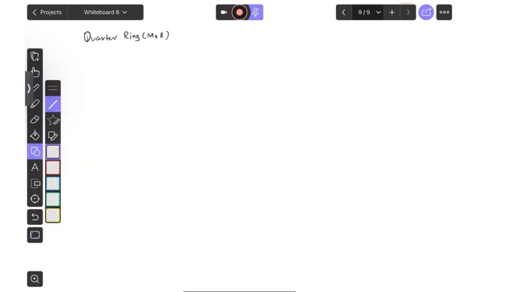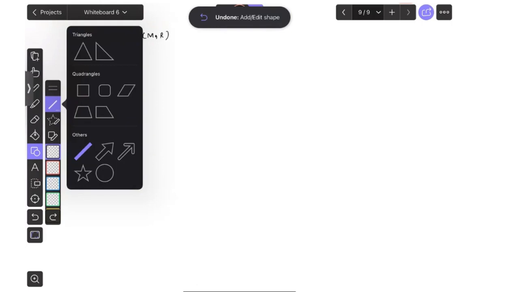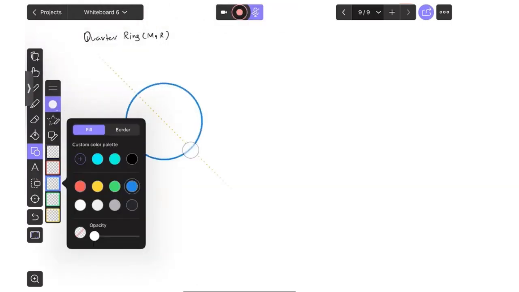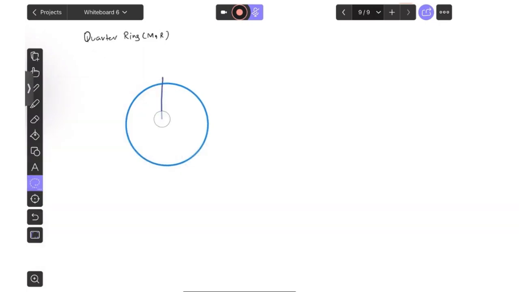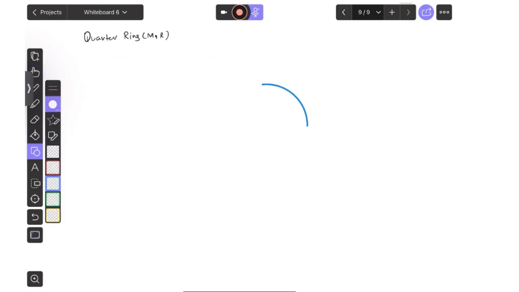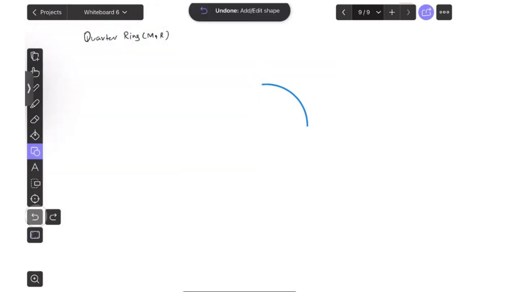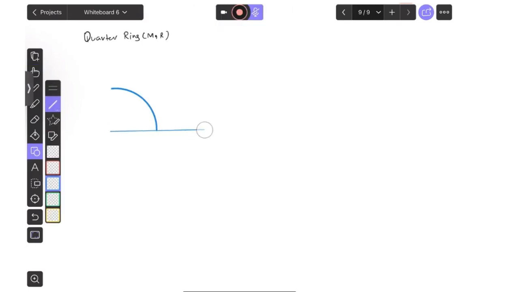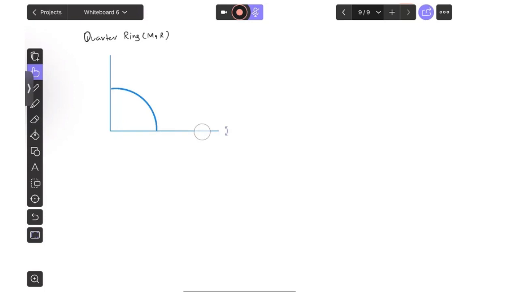Things are going to be quite the same. Suppose I have a quarter ring, still what I'll do is consider an element in the same exact manner, no?